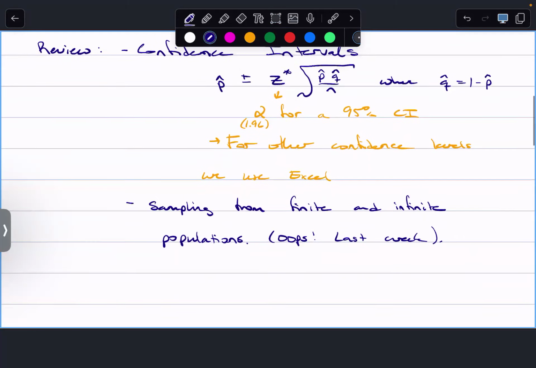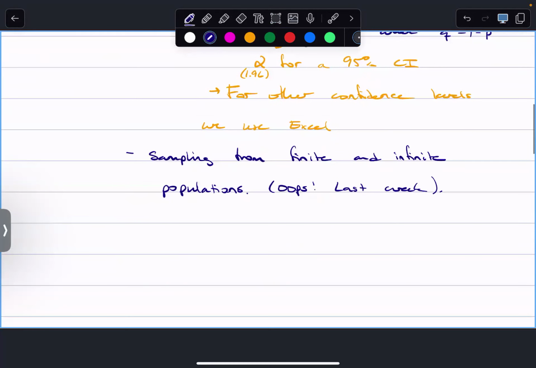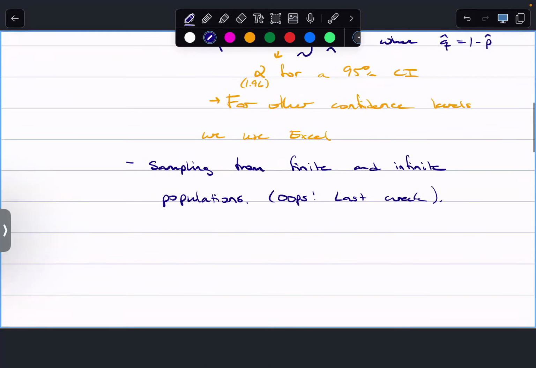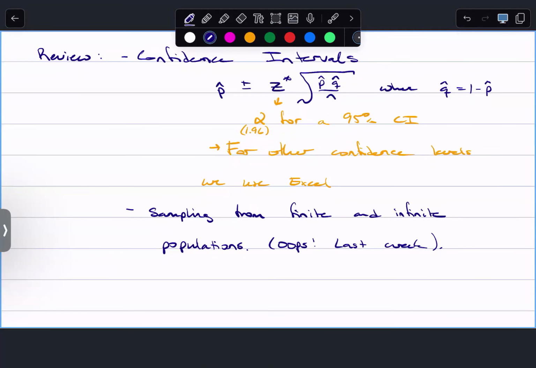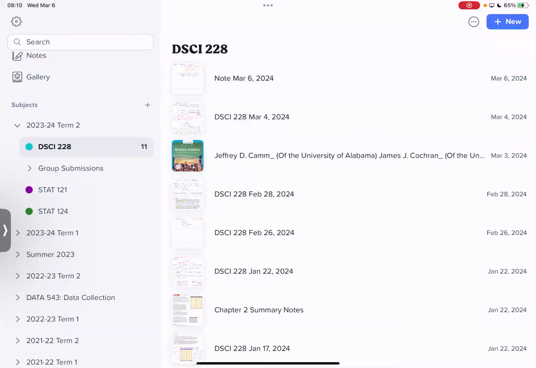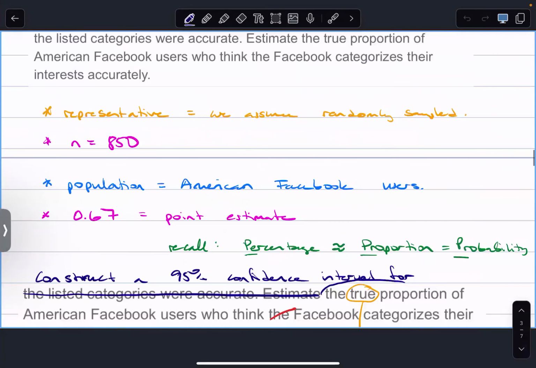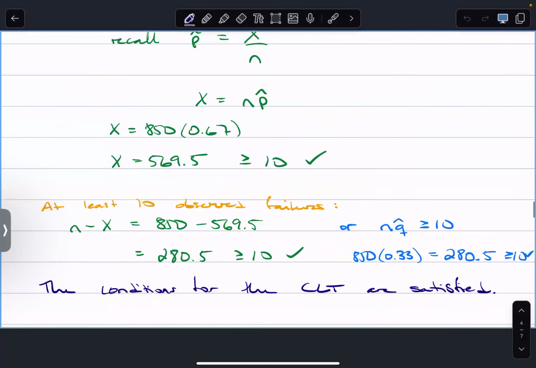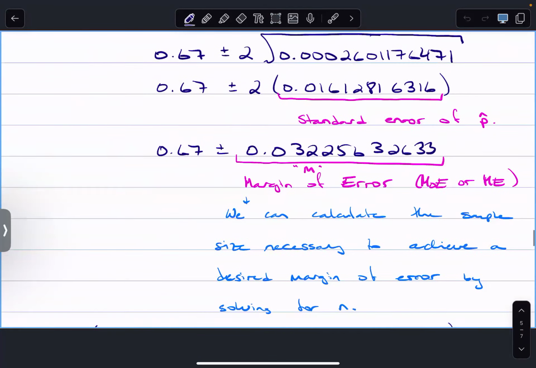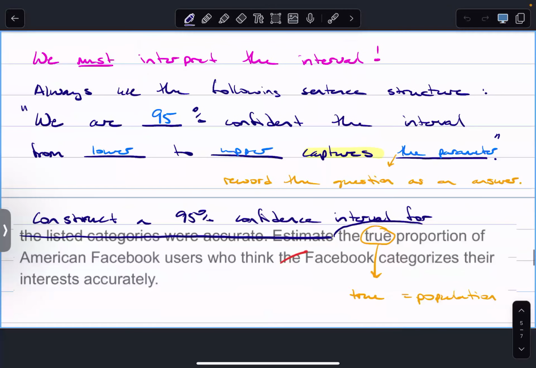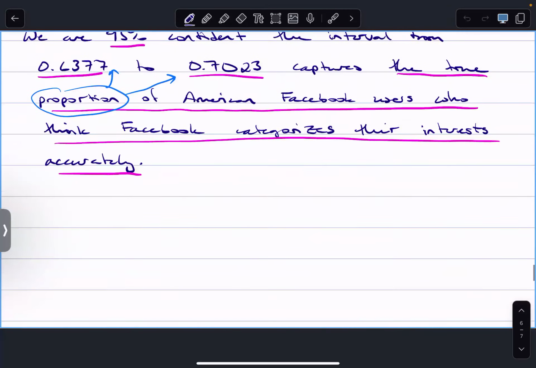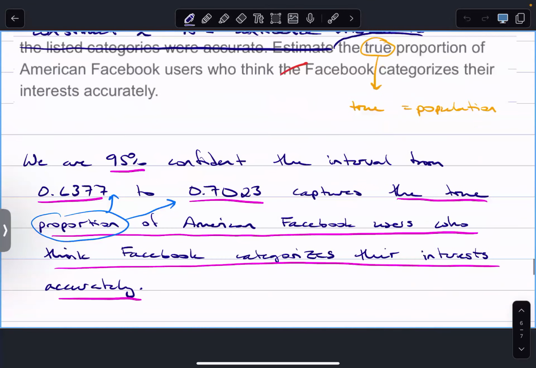It's still review, I guess, technically. So today, let me remind myself. Sorry, guys. Check the conditions. We built the interval. Oh, good. And then we interpreted the interval.